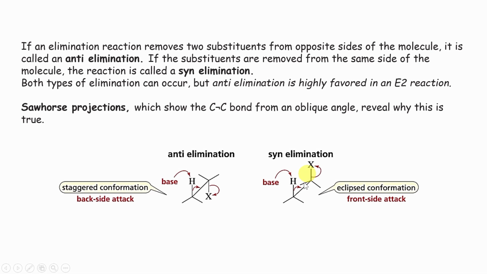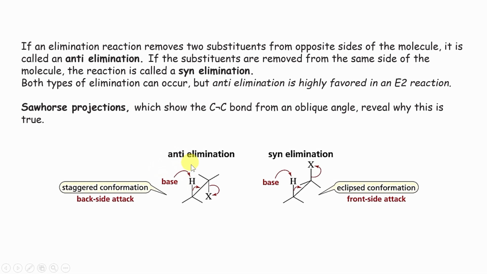The hydrogen on the beta carbon atom and the halogen, which are leaving groups, are oriented in an eclipsed conformation in syn elimination. That is why in an E2 reaction anti-elimination is more favored.